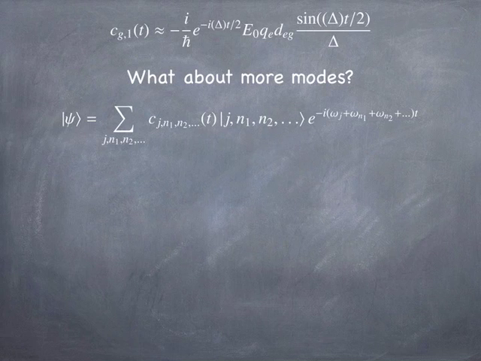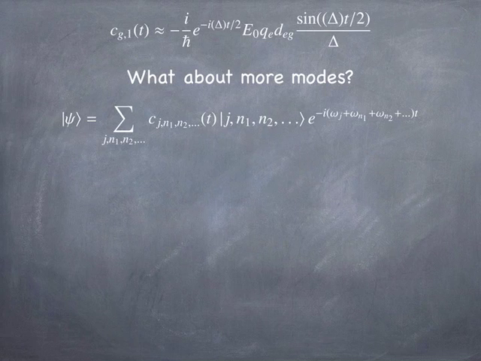For every mode in the box, there'll be a number of photons in mode 1, a number of photons in mode 2, a number of photons in mode 3, and the atom can be in different states, call those states J. So we'll need a coefficient that depends on time for every possible state that's interesting of the atom, plus every possible number of photons that could exist in each of the very many different modes. So n1 could be 0, 1, 2, 3, 4, n2 could be 0, 1, 2, 3, 4, and so on.